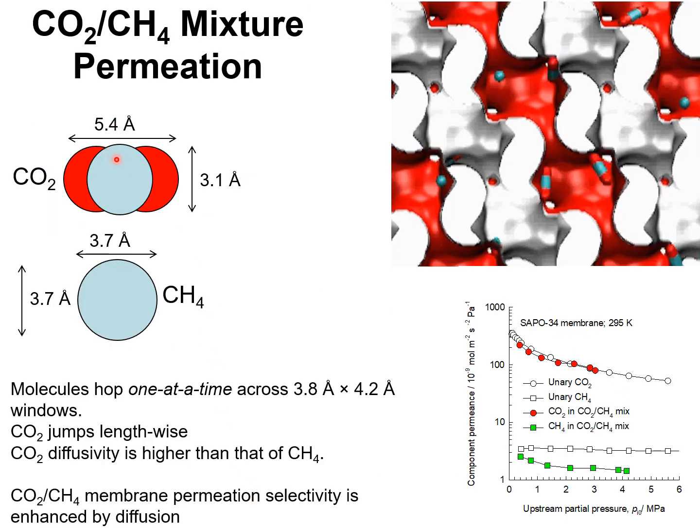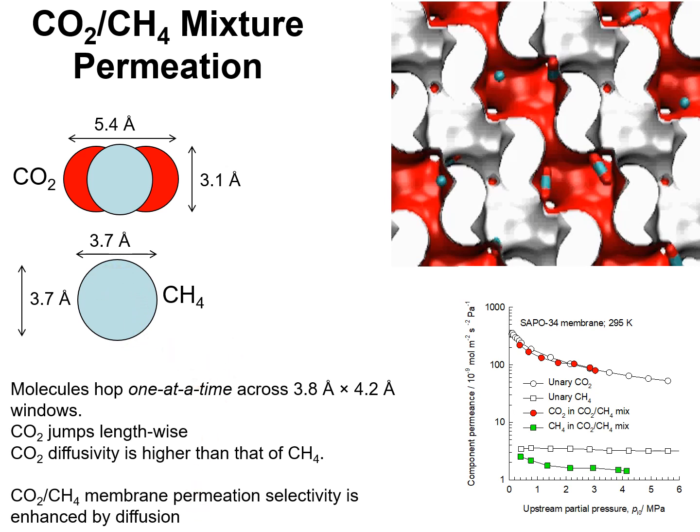Let's examine permeation of mixtures of carbon dioxide and methane across a Chabazite membrane. CO2 is a pencil-like molecule, and the cross-sectional dimension is significantly lower than a methane molecule.